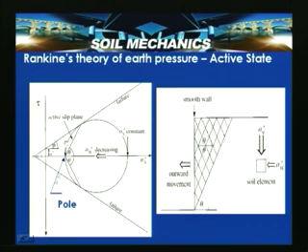In this case, the pole is on the left hand side here, for the active state, and this is the failure plane for a C phi soil having cohesion and friction angle. So, the intercept here is C dash and the friction angle is phi dash.